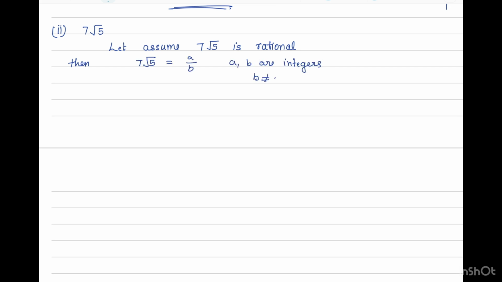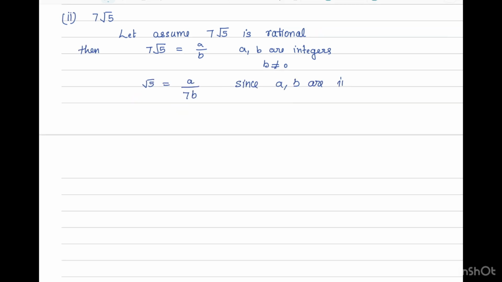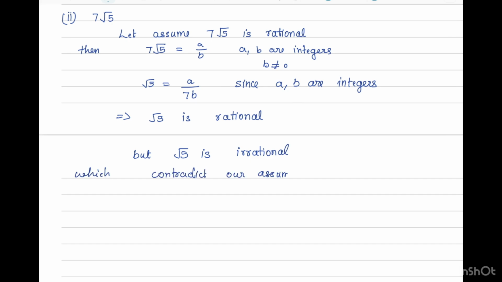So we get root 5 is equal to a by 7b. Since a and b are integers, we can say that root 5 is rational, but we have already proved that root 5 is irrational, which contradicts our assumption that 7 into root 5 is rational. Therefore, 7 into root 5 is irrational.